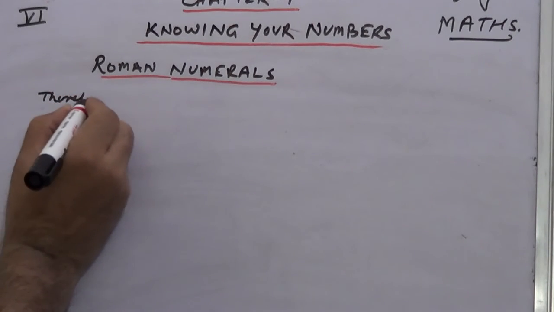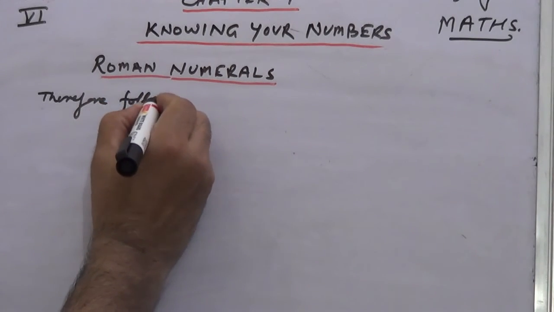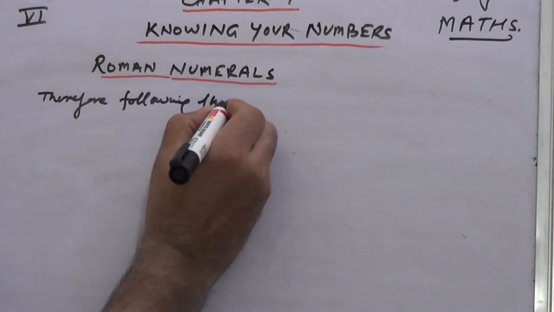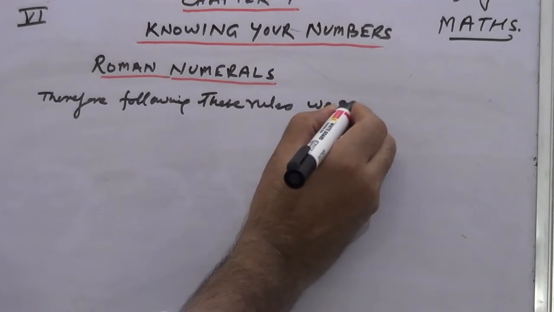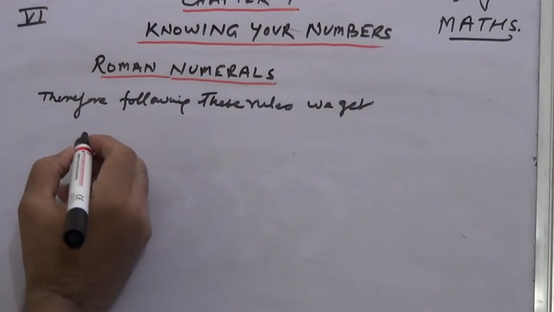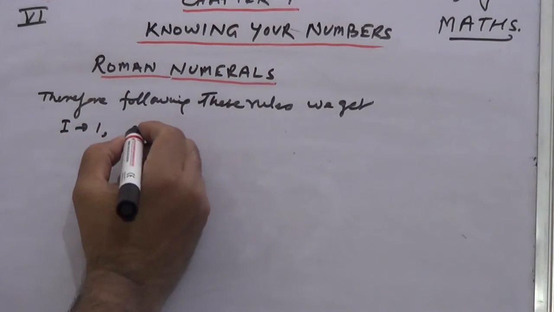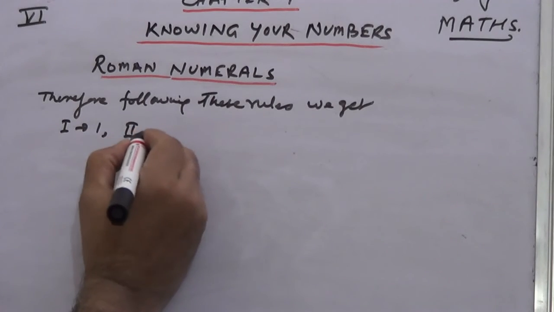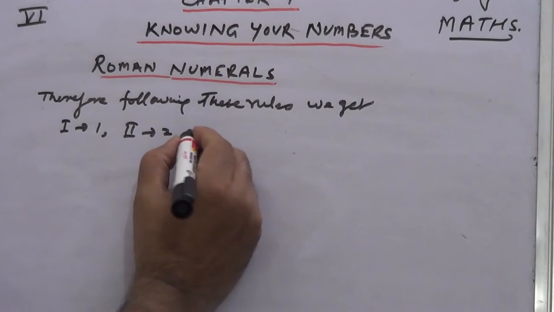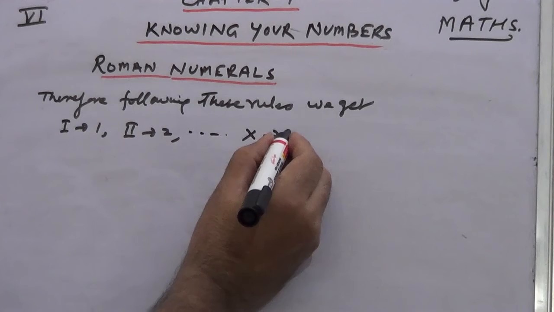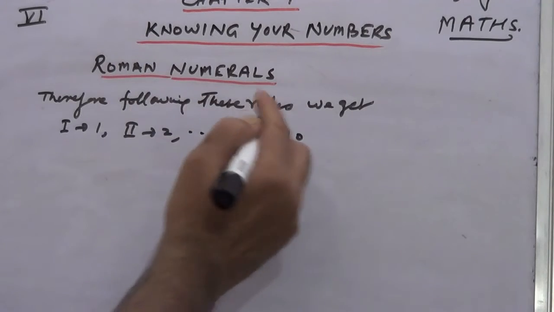Therefore, following these rules, we get the numerals one by one, and so on up to 10. I have already given that in the beginning of this section.